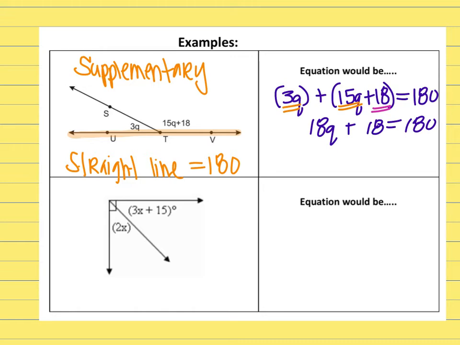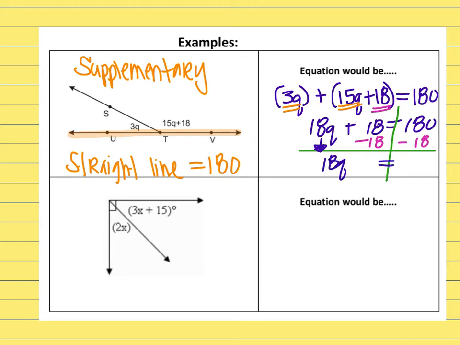Now it's ready to solve like a normal equation. I could draw my line down. And then the opposite of positive 18 is negative 18. I can bring down my 18Q that's over here.